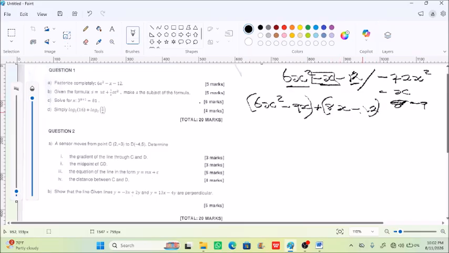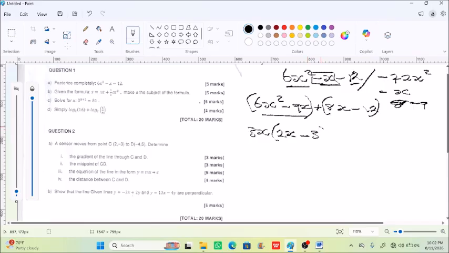From there we factorize what is common in each set. For 6x squared minus 9x, what is common there? We have 3x. Open parenthesis: 3x into 6x squared gives 2x, because 3x times 2x is 6x squared, minus 3x into 9x gives 3.